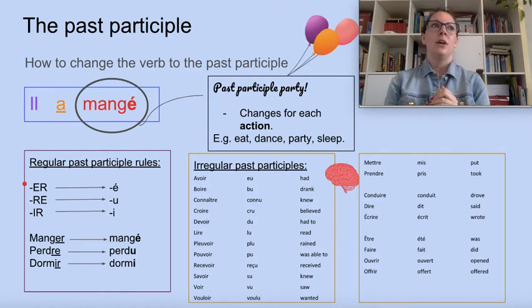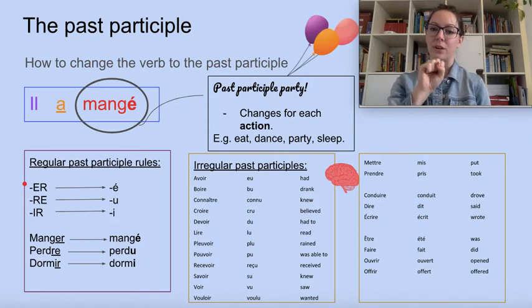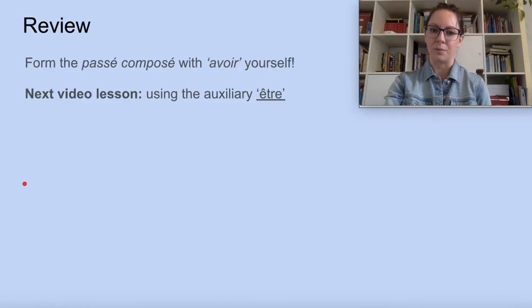So now what we want to do is combine that subject pronoun with its avoir auxiliary, with its past participle. So there are a few changes to consider when we're looking at the passé composé. Like I said, always think about your 3-step. Subject pronoun, avoir auxiliary, and then the past participle. What action is it? Let's have a go.